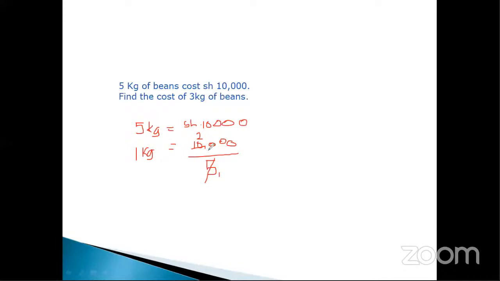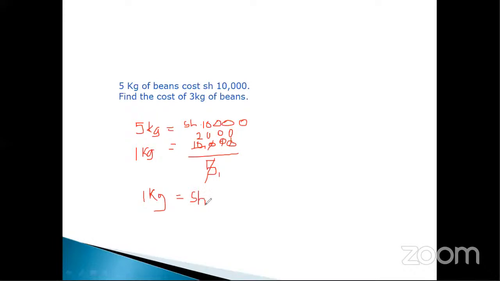Okay, those 3 zeros, when you divide by 5, still you will be getting 0, isn't it? Yes. So now you have got the unit price. 1 kilogram of beans is equal to 2,000 shillings.